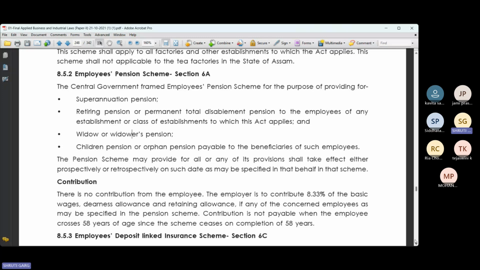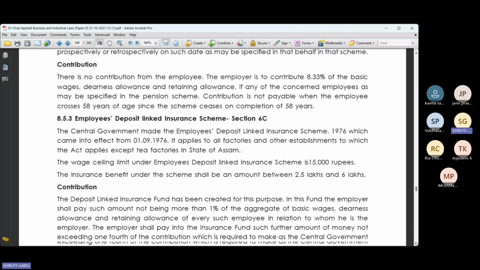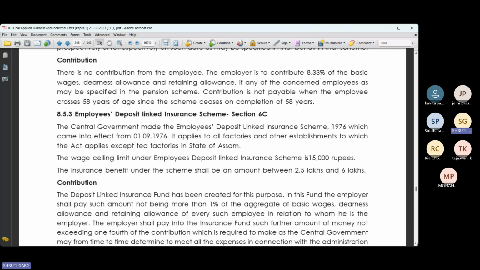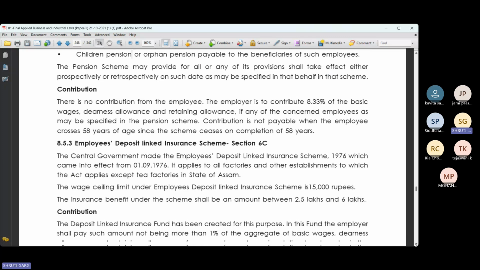Now the third scheme, deposit linked insurance scheme. Last but not least, deposit linked insurance scheme. The central government made the employees deposit linked insurance scheme 1976, which came into effect from 1st September 1976.